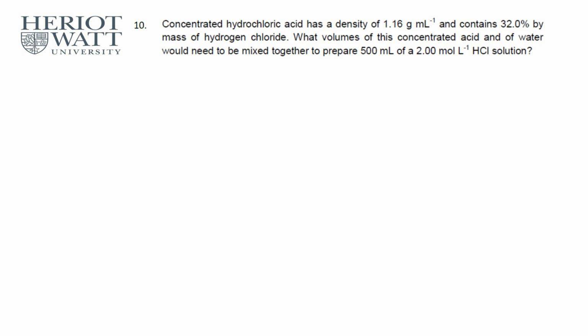Now, it's split into two parts. First, we have a density of HCl, which is 1.16 gram in 1 ml. Make sense? In 1 ml of concentrated hydrochloric acid, the mass is 1.16 gram. But is this 1.16 equivalent to all the mass of hydrochloric acid?